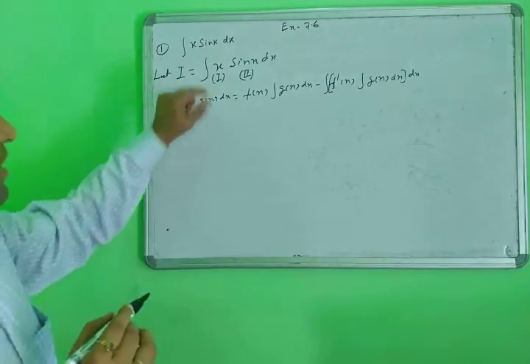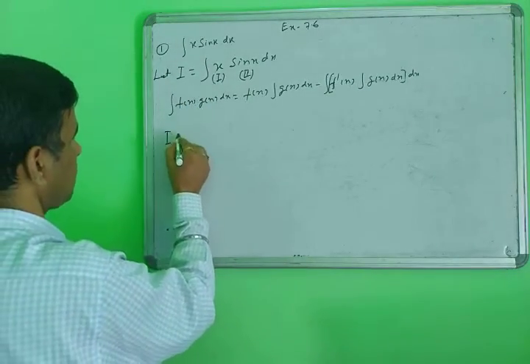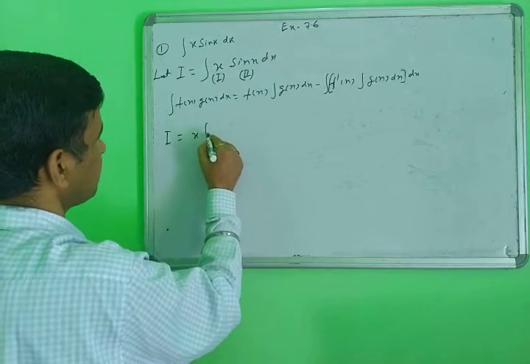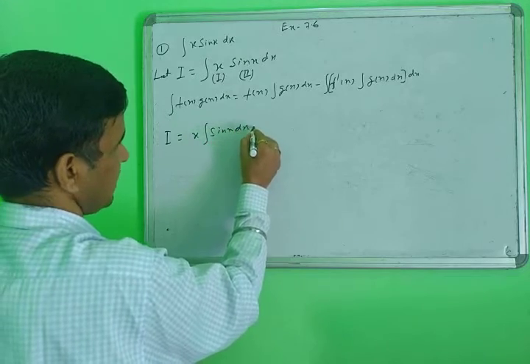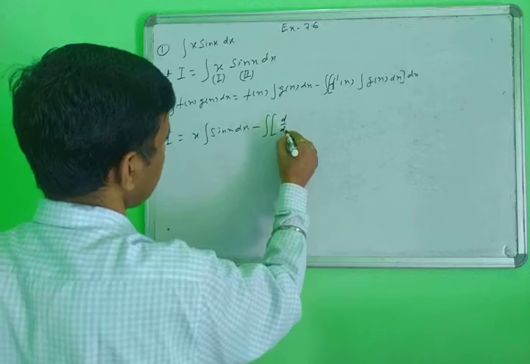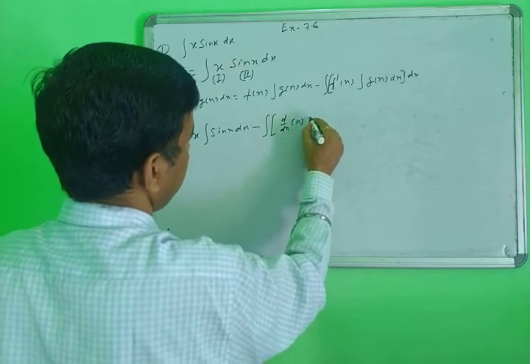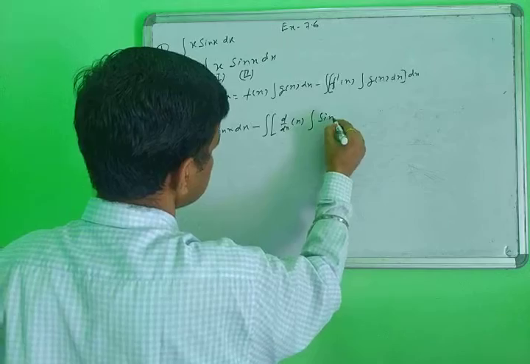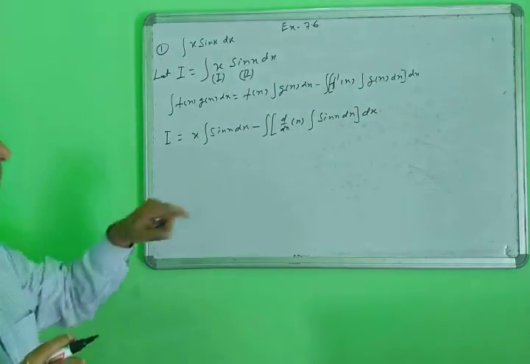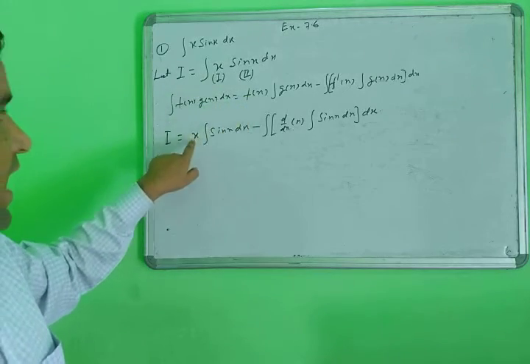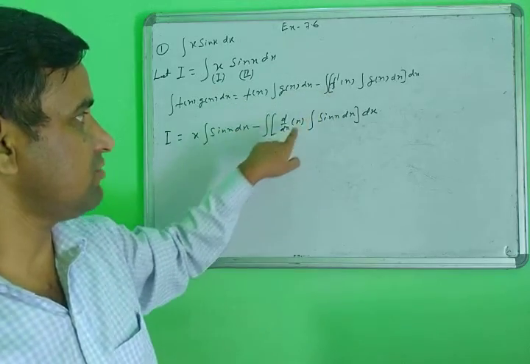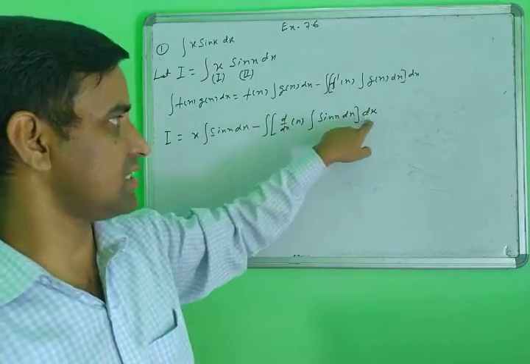According to this rule, we write here: I equals first function x times the integral of the second function sin x dx, minus the integral of d/dx of x times the integral of sin x dx, dx.